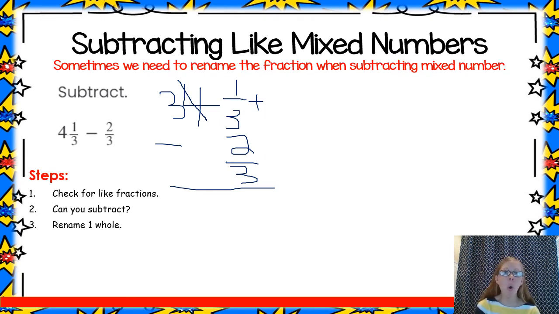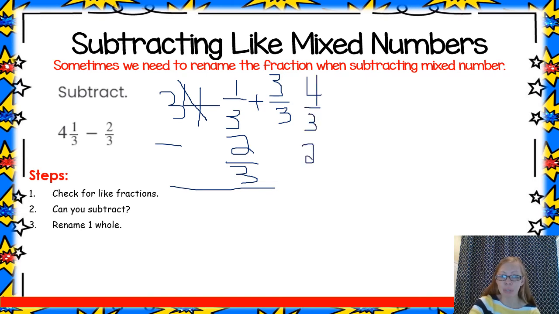So one whole can be written as any number with the same numerator and denominator. Because my denominators are 3, I'm going to choose 3/3 to rewrite that one whole. So I'll add those together. 1/3 plus 3/3 now gives me 4/3.